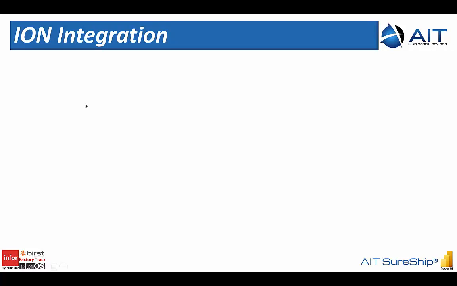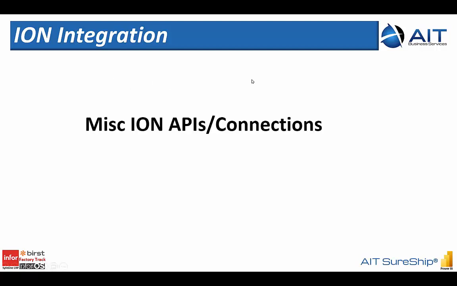Okay. So back to making things work on the ION side. How am I going to get some of that information back and forth? What we did with that data lake connection, that's good.